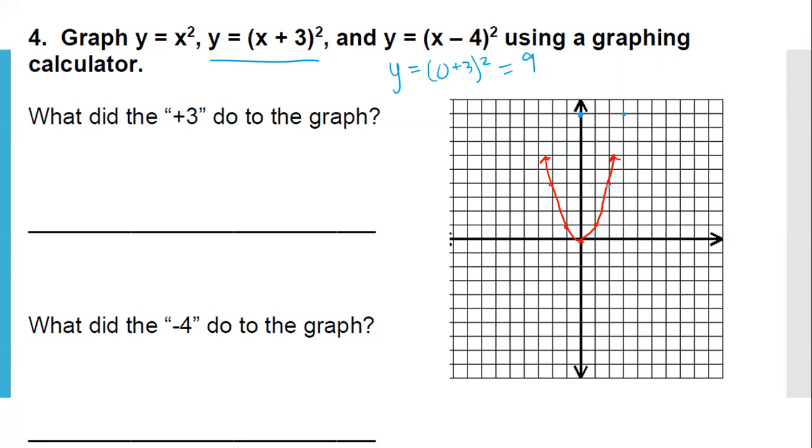So each one of these are going to go 1, 2, 3, 1, 2, 3, 1, 2, 3, 1, 2, 3. So it's going to cause it to go left. It's a horizontal shift left.